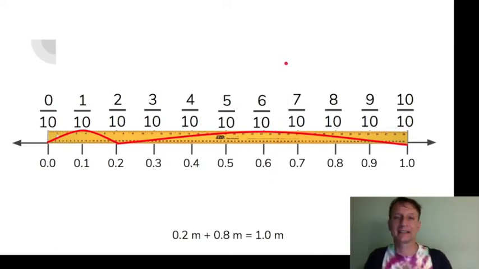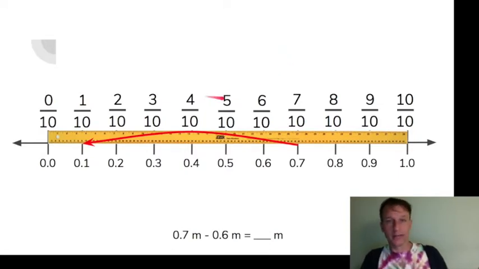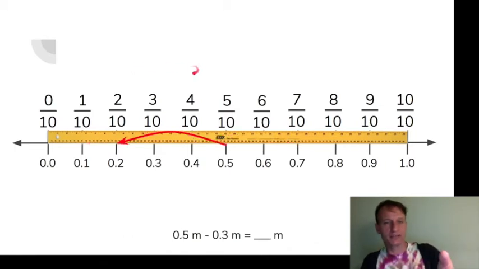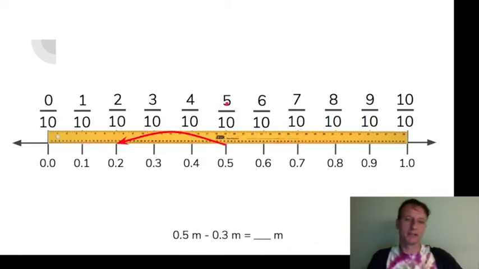That would be technically correct. Oh my goodness, now we're going to do subtraction. 7/10 meter minus 6/10 meter leaves, there it is, your answer staring in your face, 1/10 meter. Beautiful. How about starting from 5/10 meter minus 3/10 meter? 2/10 meter. You could see it. It's right there.